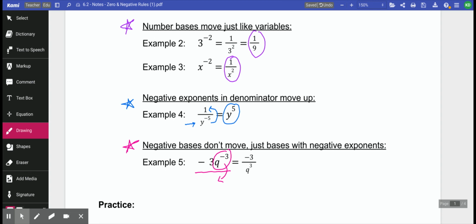One of the last things we want to talk about is that if we have a negative base, that's just a negative number, right? Negative 3 is going to still be a negative 3 no matter where it is. The q, however, has this negative exponent. This is going to need to cross the line, change the sign. So q is going to move to the downstairs.